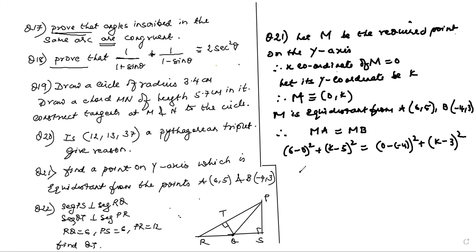So ultimately this is 36 plus, when I simplify, k square, minus 10k, plus 25, equal to 16 plus k square, minus 6k, plus 9. (a minus b) the whole square is a square minus 2ab plus b square.